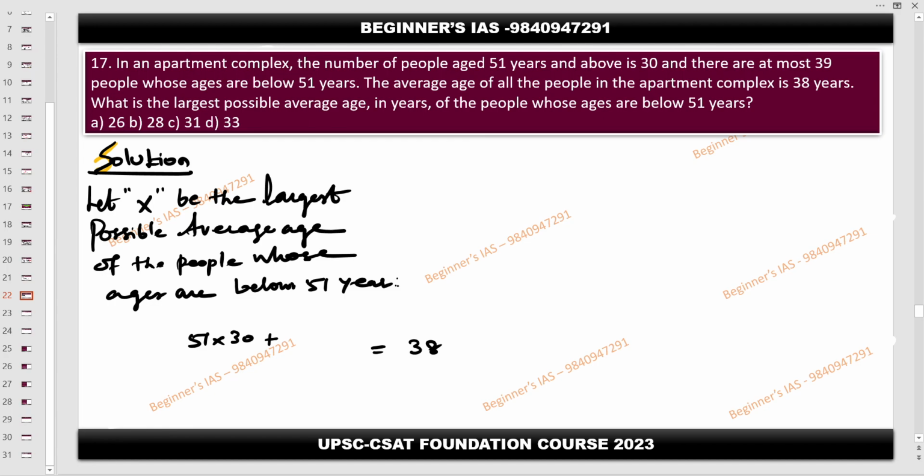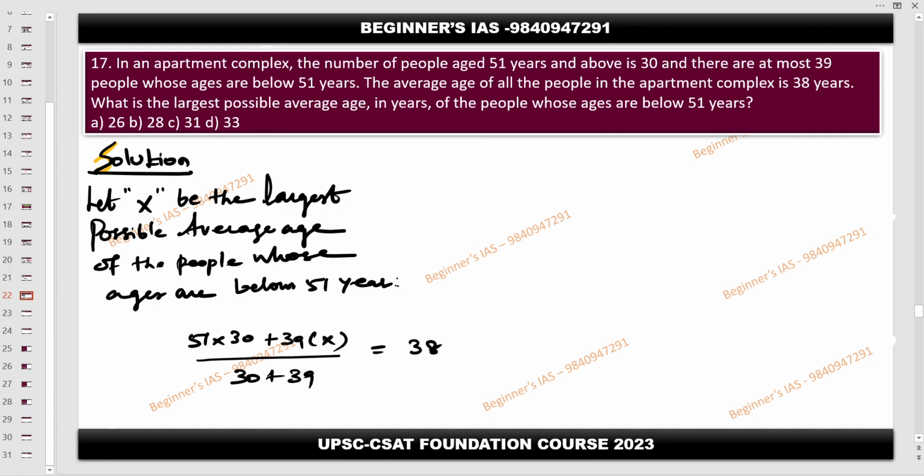Now I don't know the number of people who are younger. Okay, let x be the largest possible average age. So what would be the number which is less than 51 years? 39. So therefore x, which is nothing but n, is nothing but 30 here, 39.